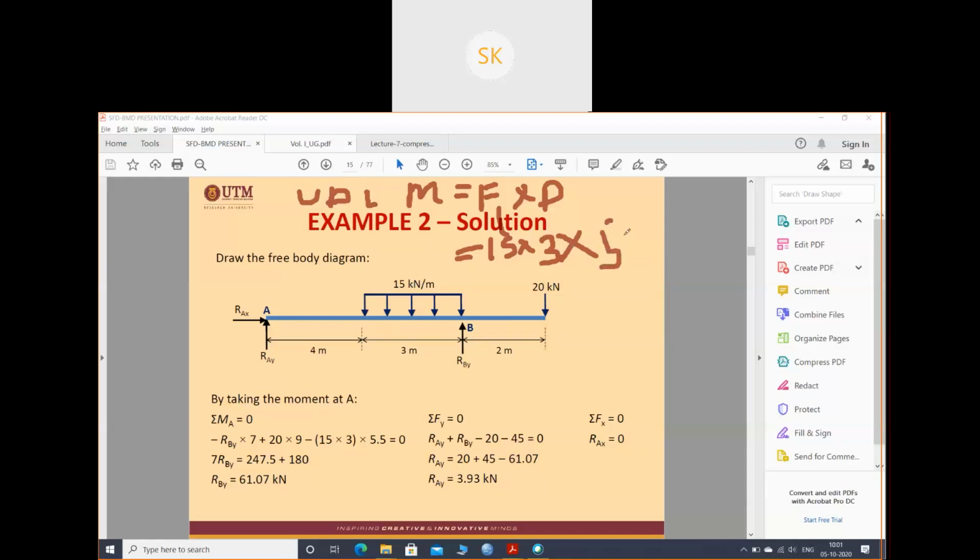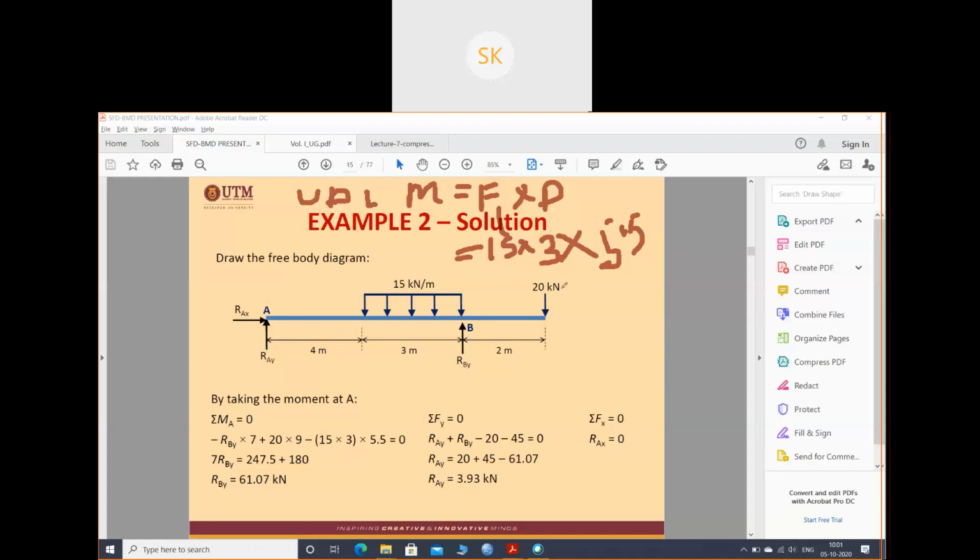Have you understood this one? Generally, if the load of 20 kilonewton is applied at this point, I could have taken 7. And if this load is acting at this point, I could have taken simply 4. But this load is acting over the whole 3 meter span, so I cannot take a particular value. The easy way is to take half of this. That's why 4 plus half of 3, which is 1.5, gives 5.5. So this is the value.